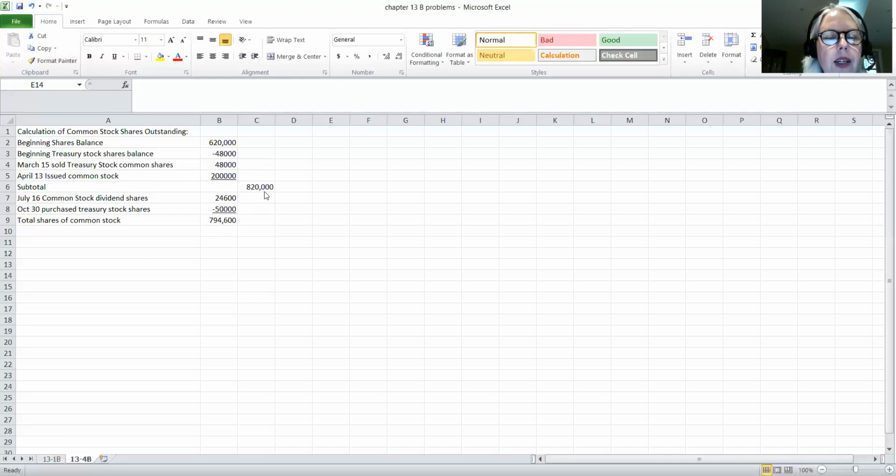So I created a subtotal which would have combined the amounts from B2 all the way to B5 together. You can see that formula when I click on this. You can see that I summed B2 through B5, and that gave me 820,000 shares as a subtotal after the April 13th transaction.